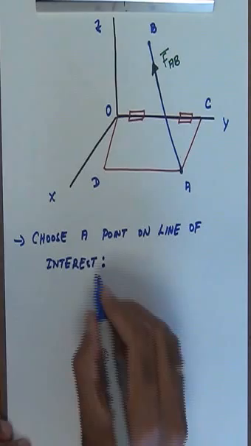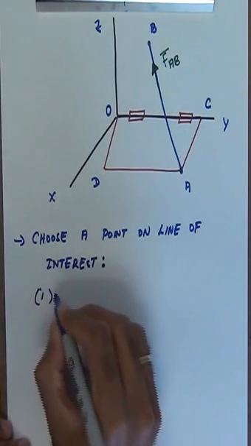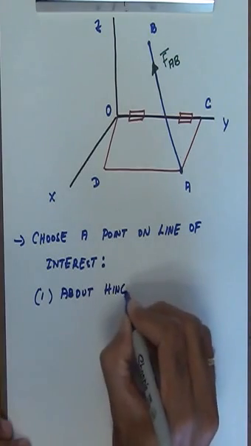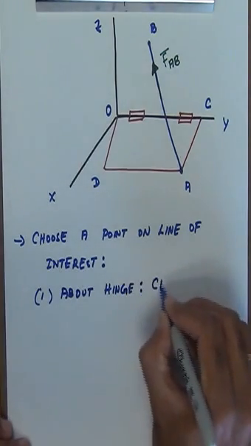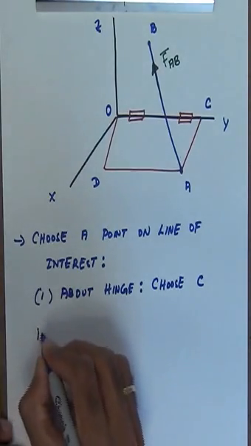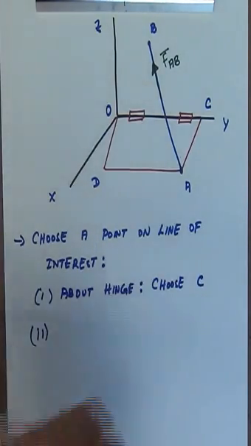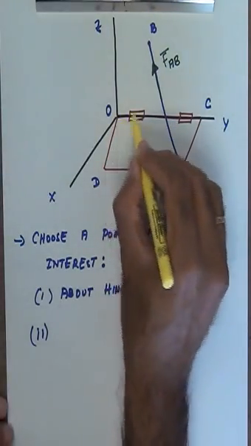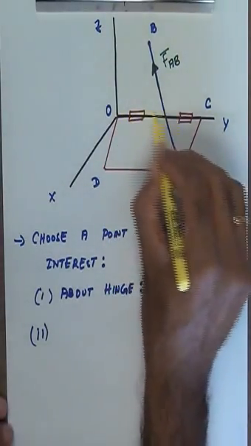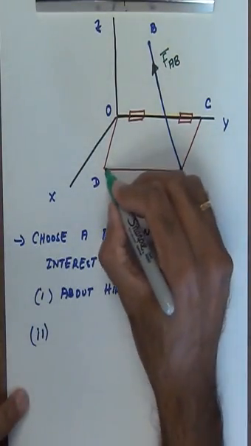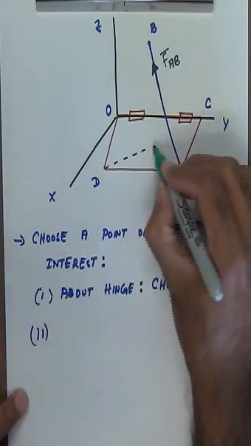So for the first one, about the hinged axis, I choose the point C. Now the line that we're interested in, the first line, is the hinged axis, right there. Then the second line that I'm also interested in is the line joining the point D and the point C.